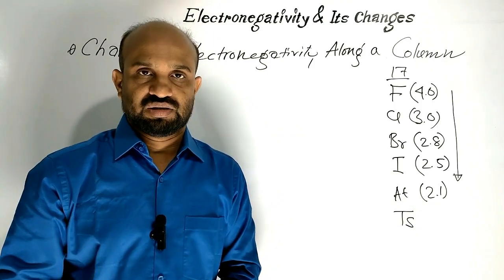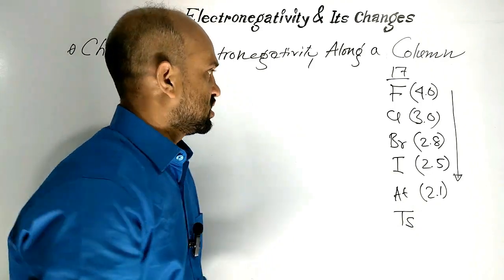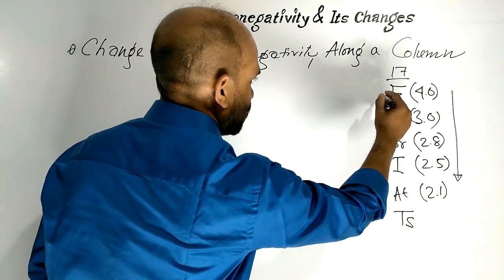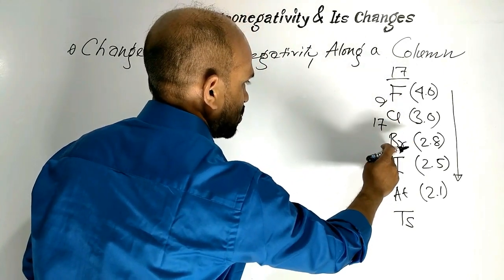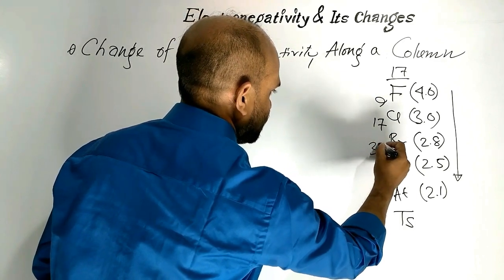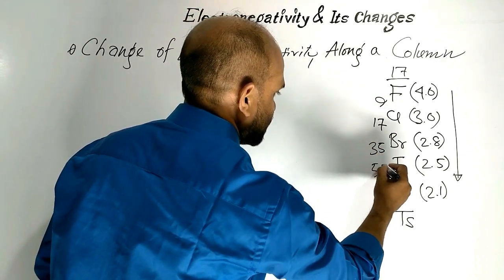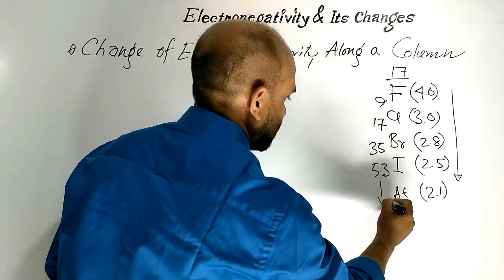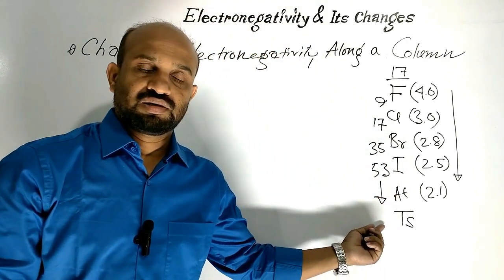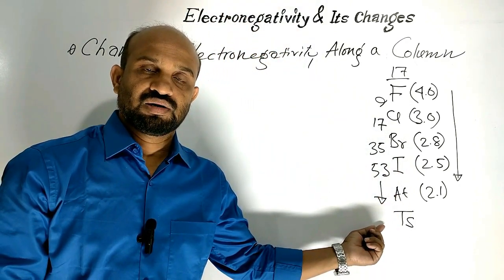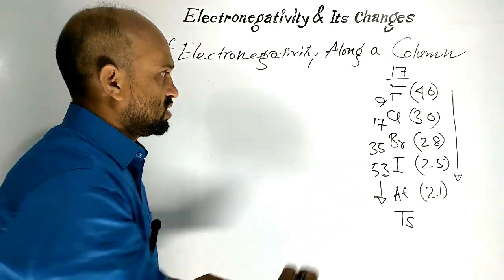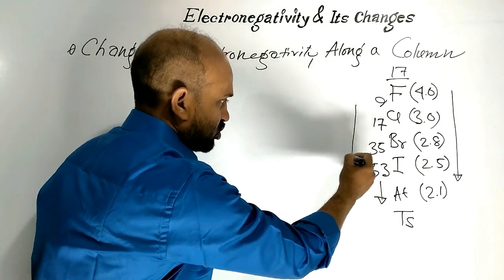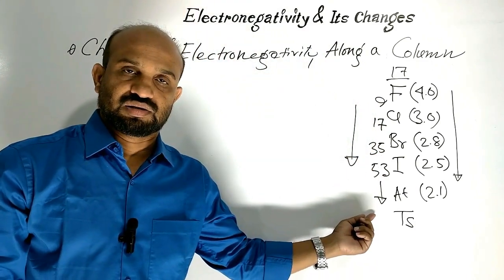What is the reason behind this? Here, the atomic number of fluorine is 9, chlorine 17, bromine 35, iodine 53, and so on. That is, here as well, from top to bottom along a column, atomic number increases.